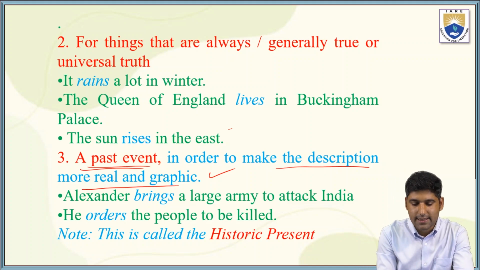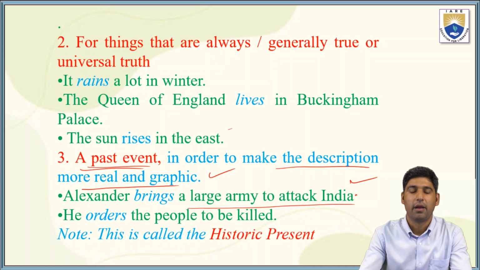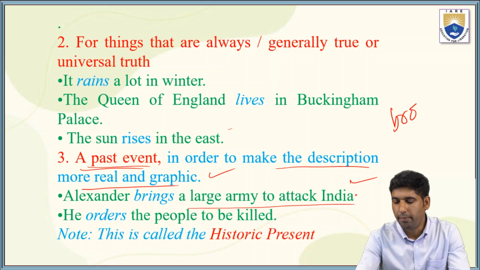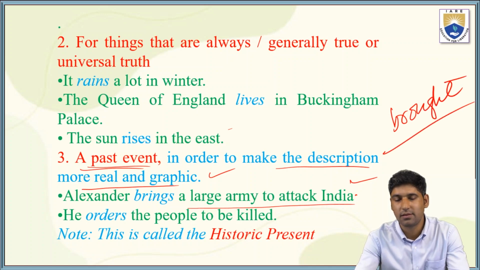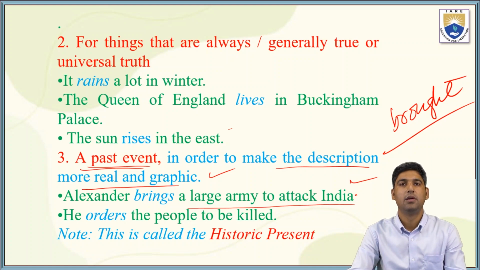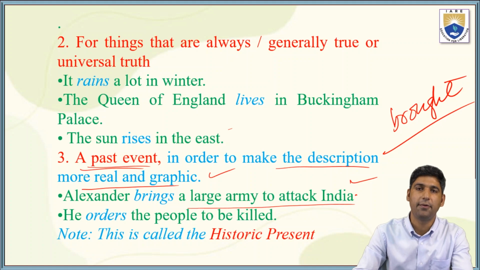Like, Alexander brings a large army to attack India. It should be Alexander brought because this has happened in the past. It should not be brings, it should be Alexander brought. But why can we write brings? Why can we make it present indefinite?